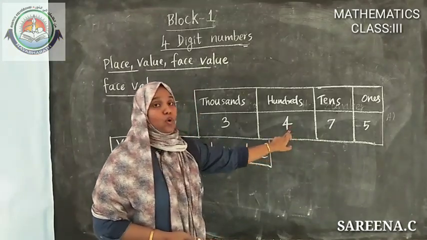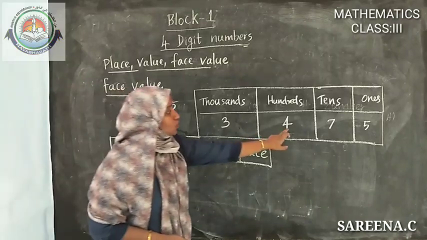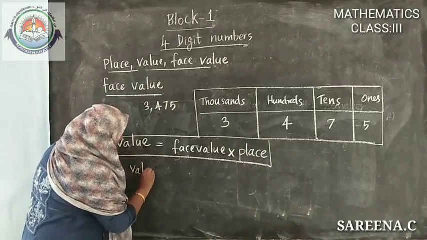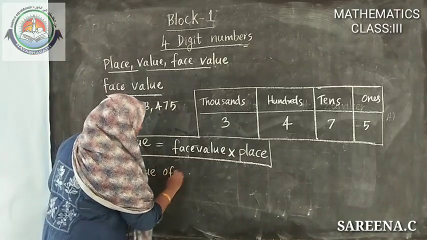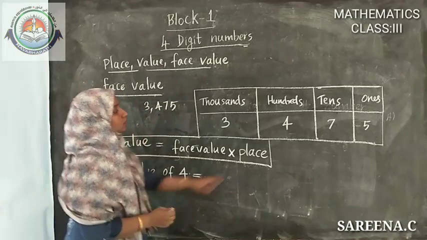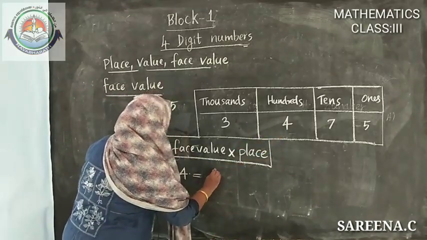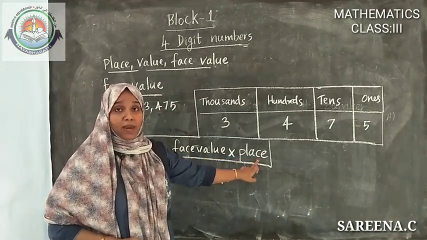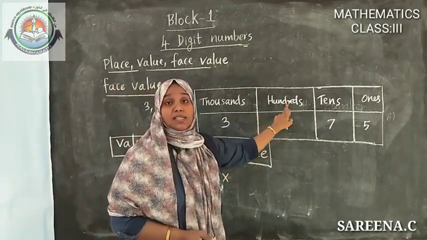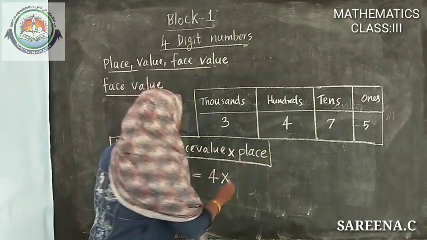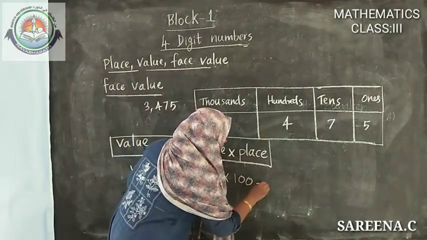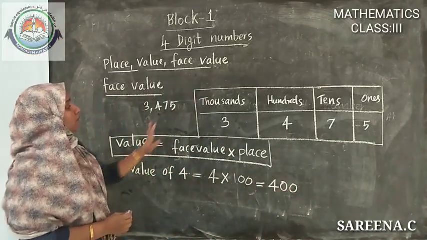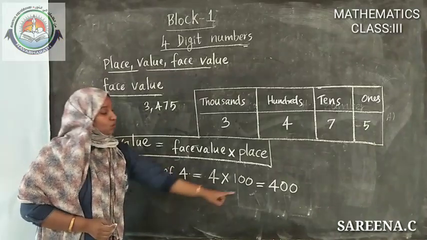What is its face value, children? 4. Face value of 4 is 4 itself, and what is the meaning of place? It is in hundreds place. So 4 into 100 equal to 400. So in this number the value of 4 is 400.